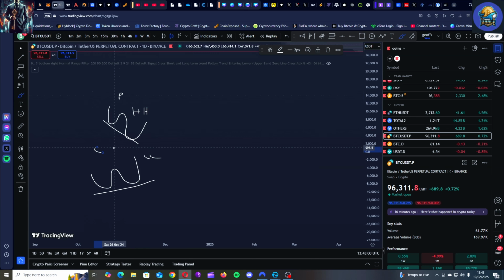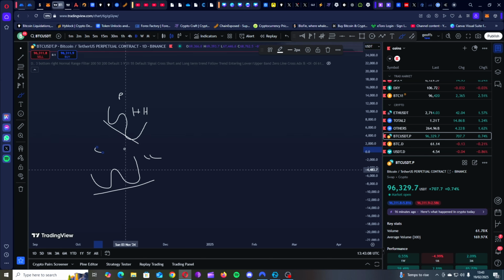That's CVD. That there is a divergence. So that's telling you something's not lining up right here. So that's where you want to be looking at the price and the CVD at the same time, looking at your open interest and seeing, is there a divergence occurring with BTC and CVD and open interest at the same time. Once you get used to it, you will find it a lot easier to use.